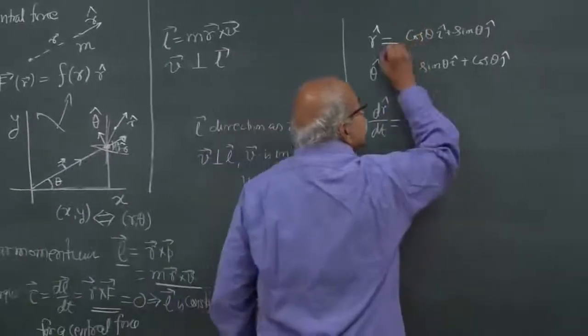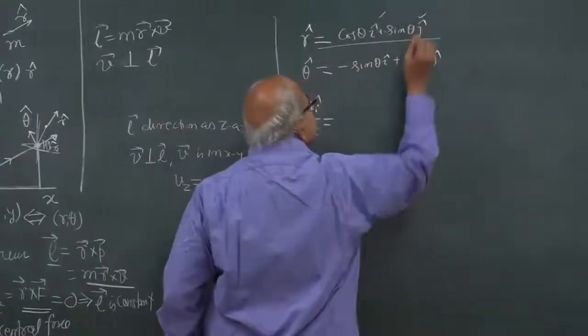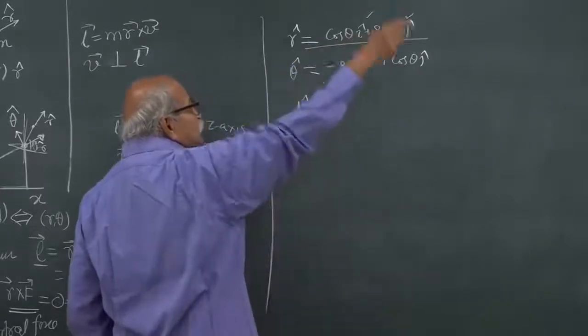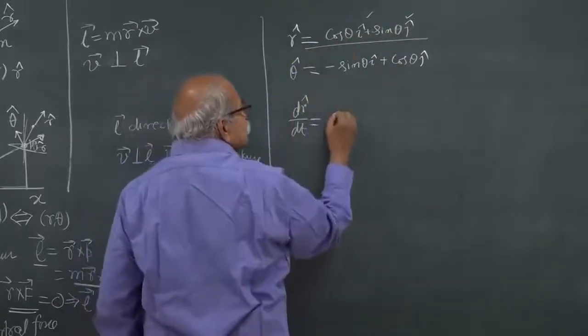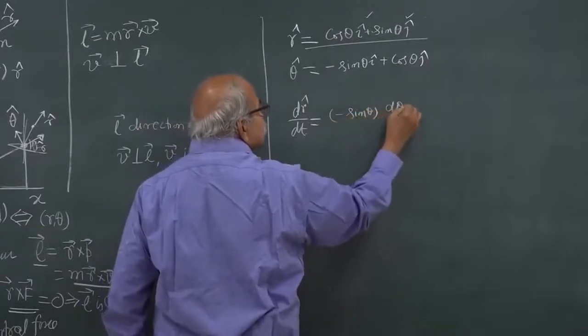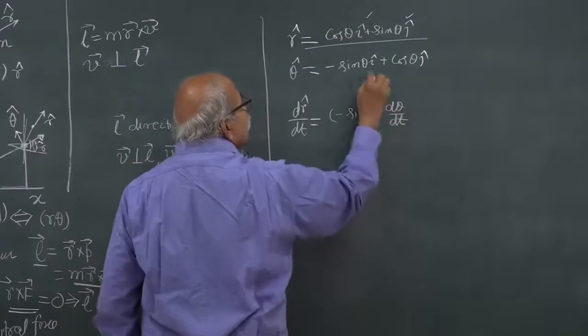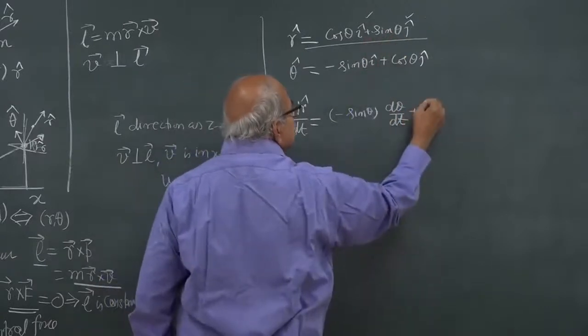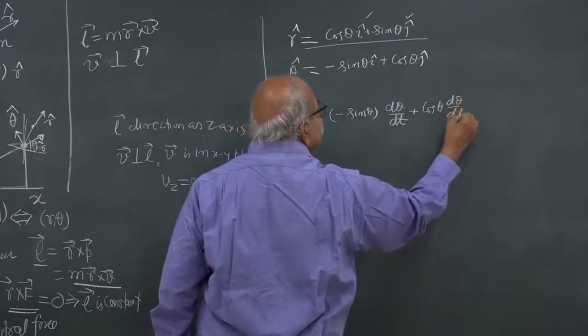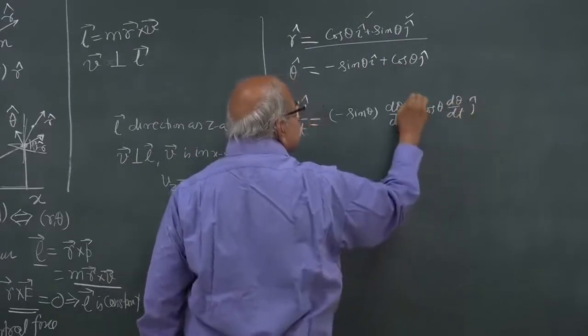Okay, so here i cap, j cap are fixed vectors, theta is variable, theta can change as the particle moves. So, this is minus sin theta times d theta dt and plus cos theta times d theta dt, here is j cap, here is i cap.